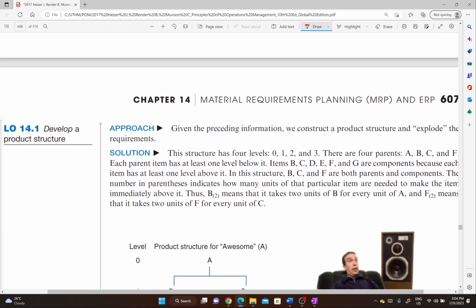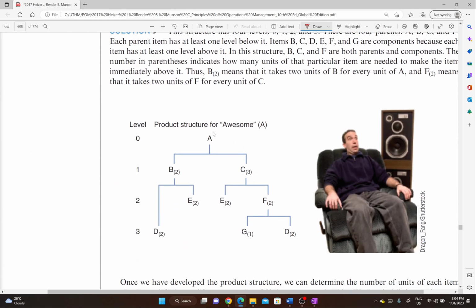If you look at that, component A needs B and C. The number in the brackets is the number of subcomponents needed for us to build A. To build A, we need 2 units of B and 3 units of C. Same goes here.